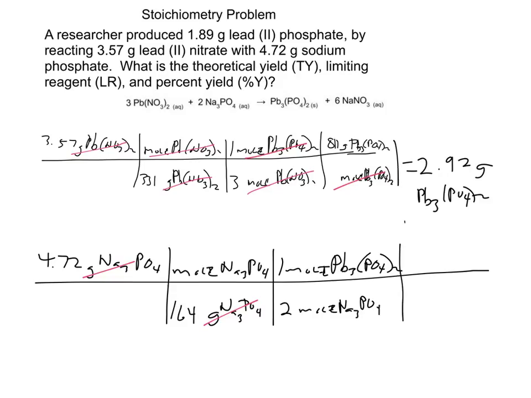And we'll again cross cancel the units. And now we're in terms of mole lead phosphate, just like before. Notice that we end up using the same molar mass. This makes life slightly convenient. 811 grams Pb3(PO4)2.